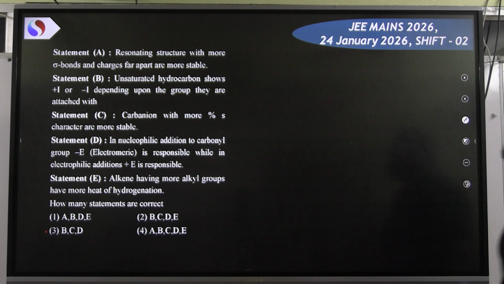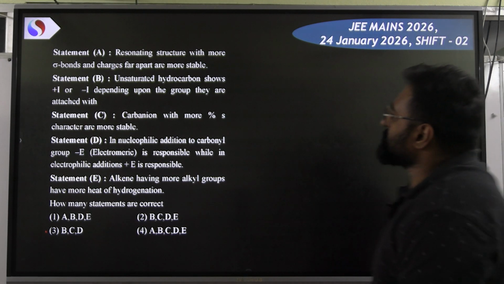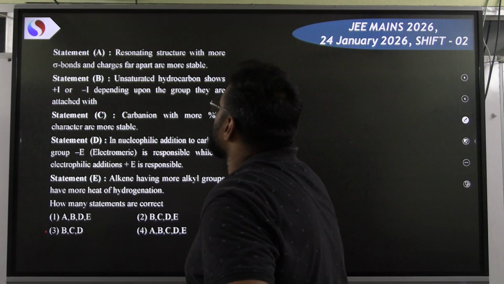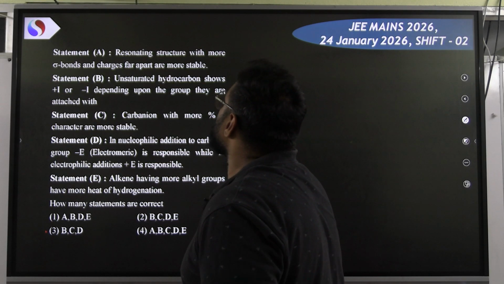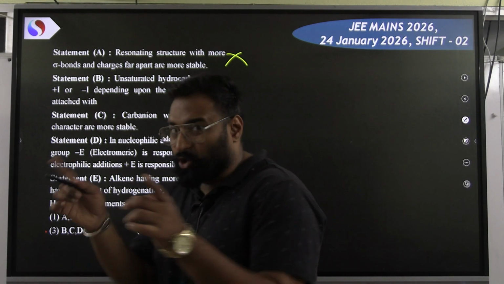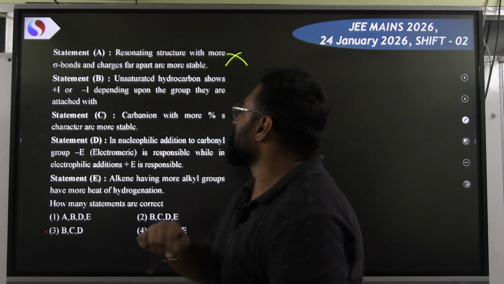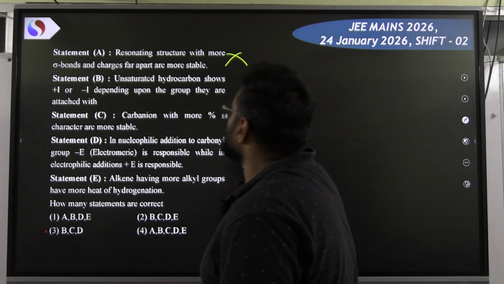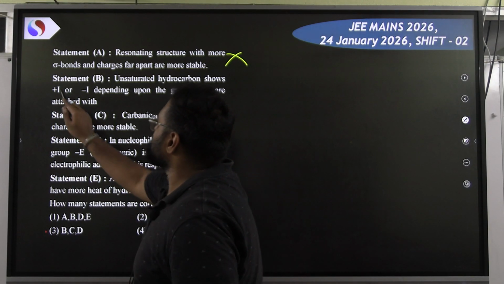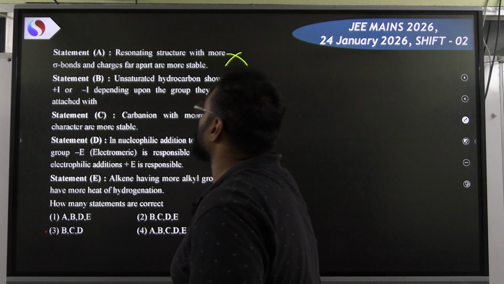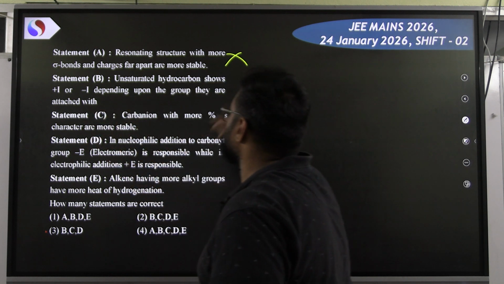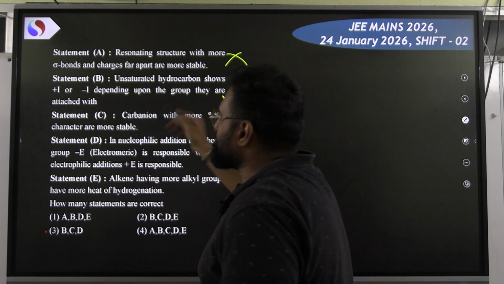Let's go to the next question. Resonating structures with more sigma bonds and charge far apart are more stable. No, charge should be near and pi bonds should be more for better stability. So statement 1 is wrong. Unsaturated hydrocarbons show plus I or minus I depending on the group they are attached with. Yes, statement 2 is correct.